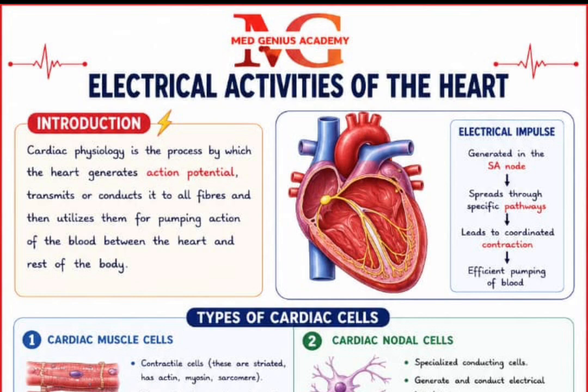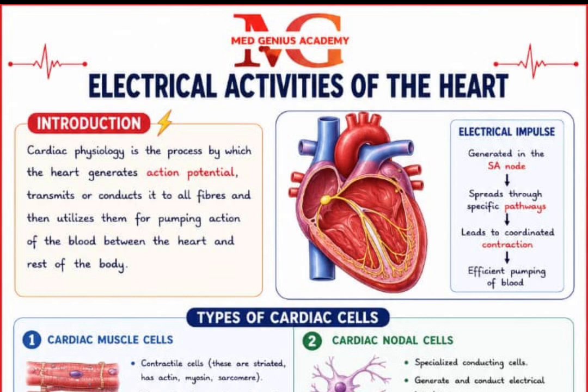Cardiac, which is the heart; electro, which is the electricity; and physiology is the process by which all these things are occurring. So it is the process whereby the heart generates action potential and conducts it from the conducting fibers to the contractile fibers.